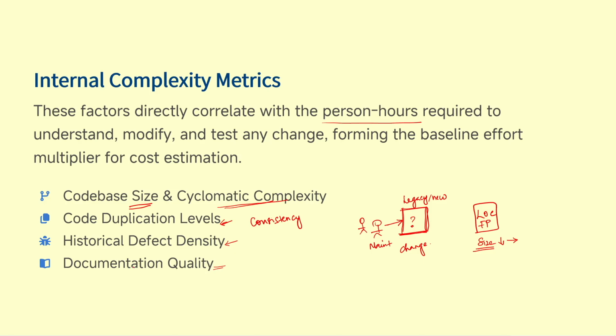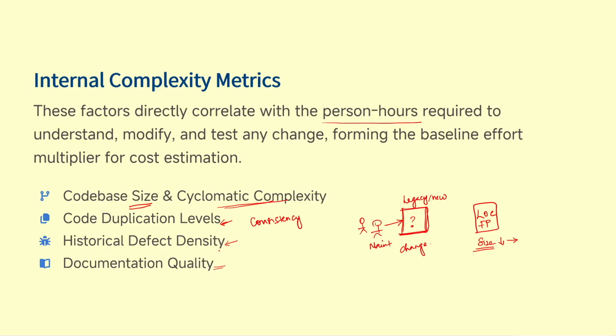And the historical defect density, the number of defects per KLOC, kilo lines of code. This is also going to have an impact. So, if all these metrics have a higher value, obviously the complexity of maintenance is very, very high. So, these are the internal complexity metrics.